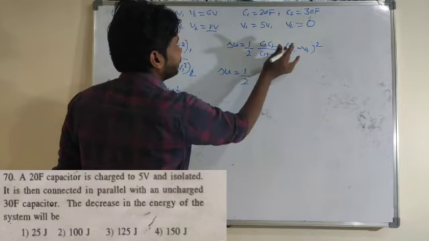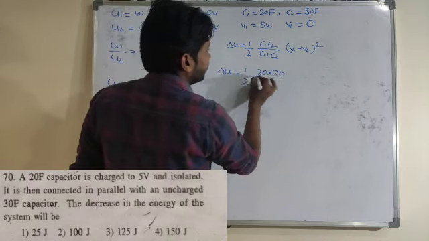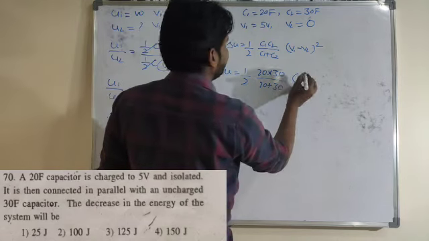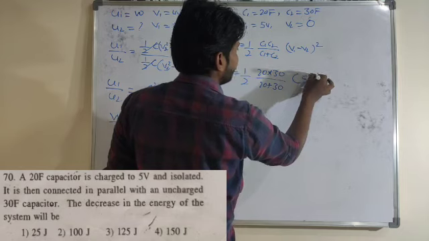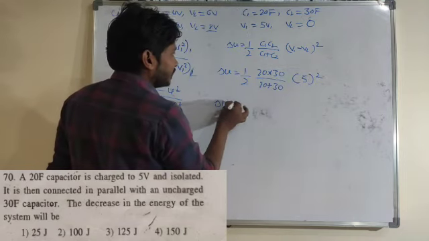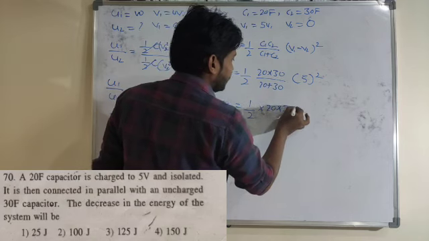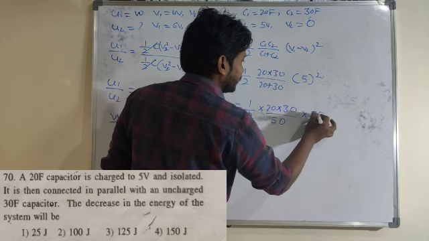Simplify this value. C1 into C2 is 20 into 30, divided by 20 plus 30. V2 value is 0, V1 value is 5. So half of 20 into 30 divided by 50, into 25.